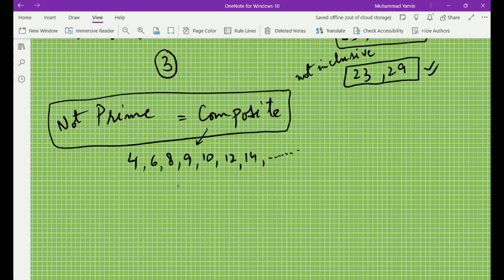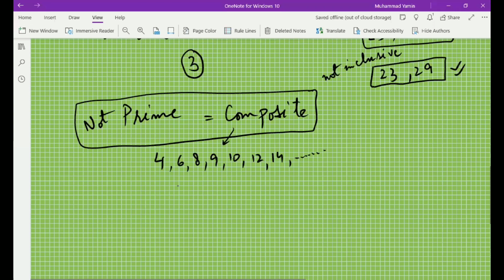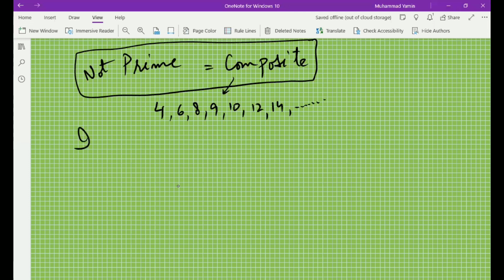Now, a very, very important topic again, which I would say will definitely come in the paper, and paper 1 is said to be the irrational numbers. Now, by looking at the name, it seems very difficult to understand what an irrational number is. But you have to understand this and keep it in your mind.